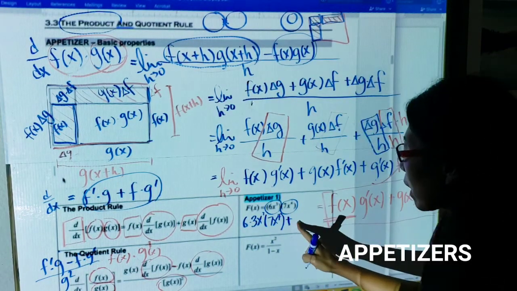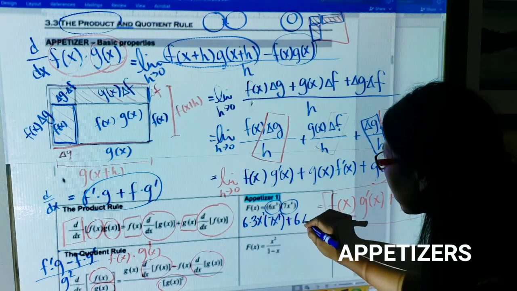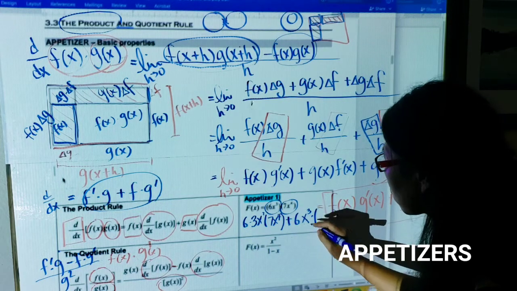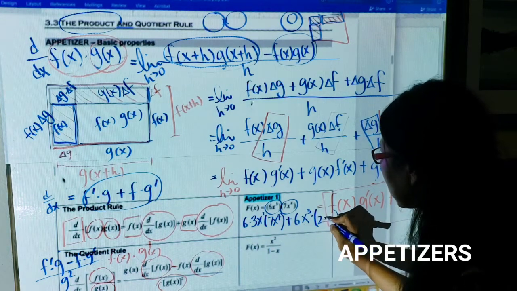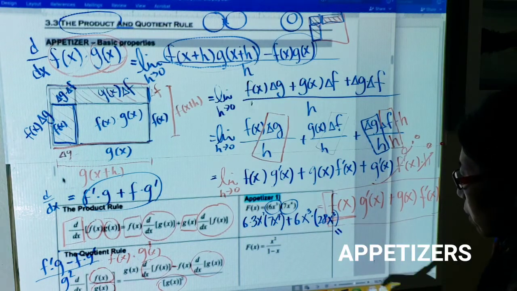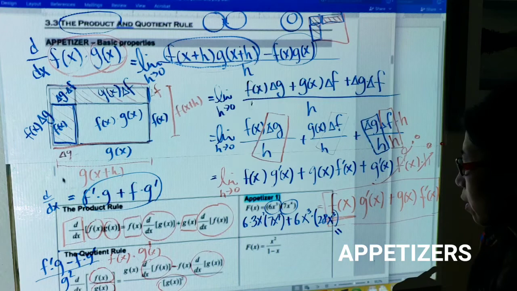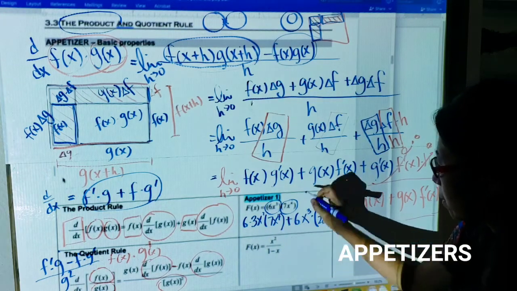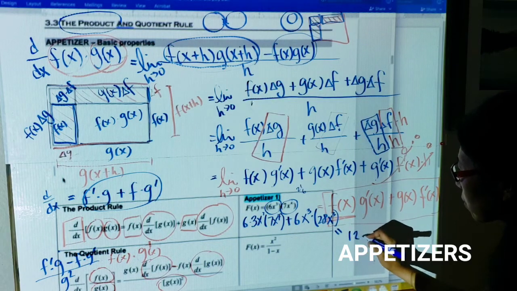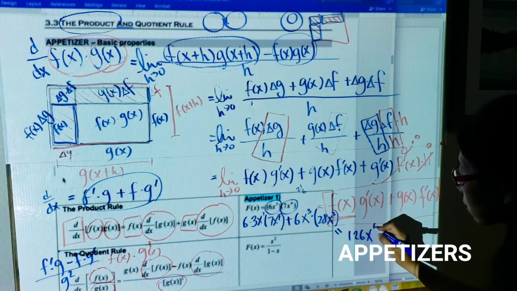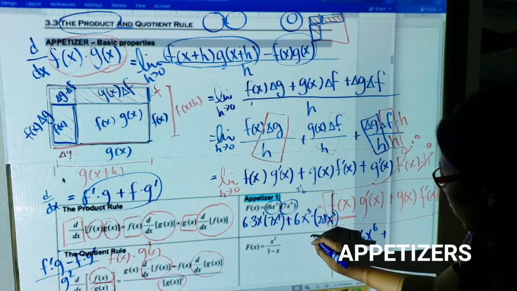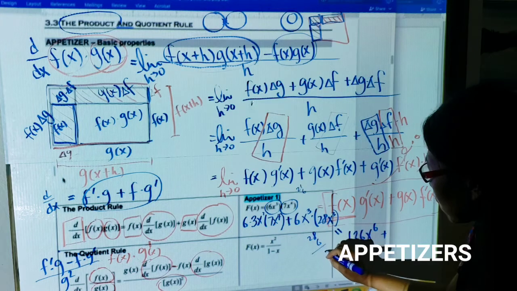Plus, now I'm going to leave this one, 6x to the 3rd times, now I'm going to take a derivative of this one. That's going to be 28x to the third. So if I simplify, that is going to be a pretty ugly number. 21 times 6, 126x to the 6th power plus 28 times 6.